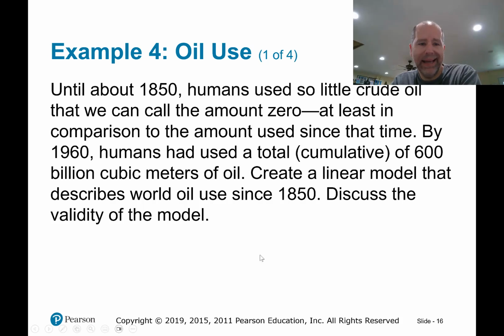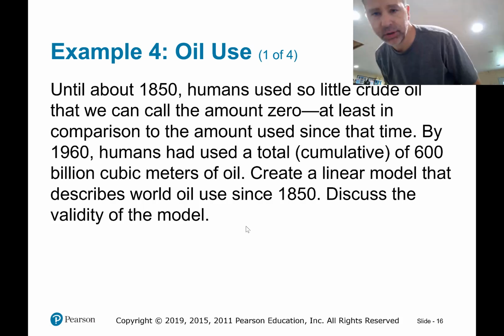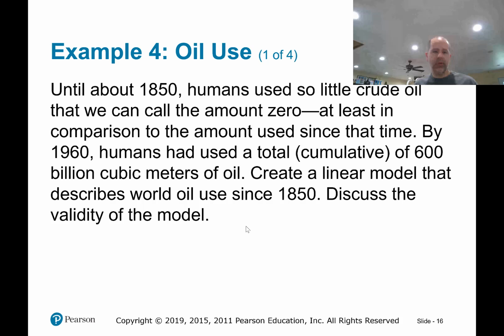Okay, so in 1850, we're going to start that at time zero. So at that point, we're assuming that the crude oil used was zero, and that's going to be from that point to 1960. I guess that's when they started using more, and that's when we're going to start measuring.